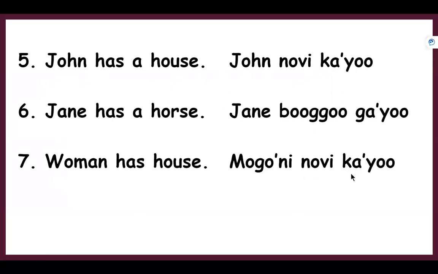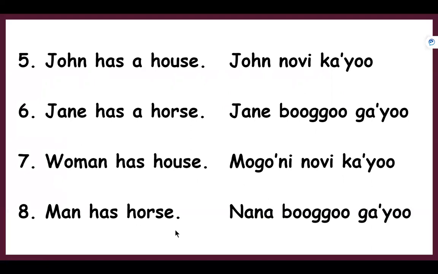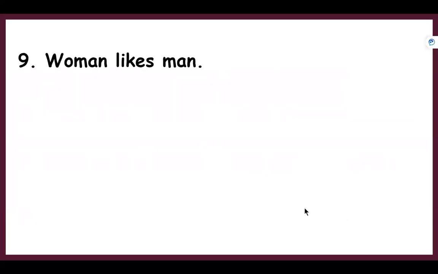Mogotni nobi katyo. Number 8. Man has horse. Nana bugugayyo. So all we're trying to do is establish the order. If we're talking about has, the one that goes first is the one that has, and the one that goes second is the thing that is had or possessed.